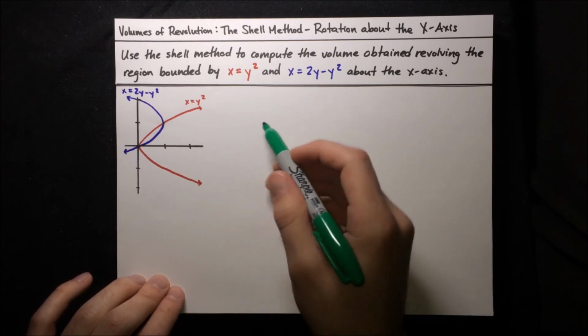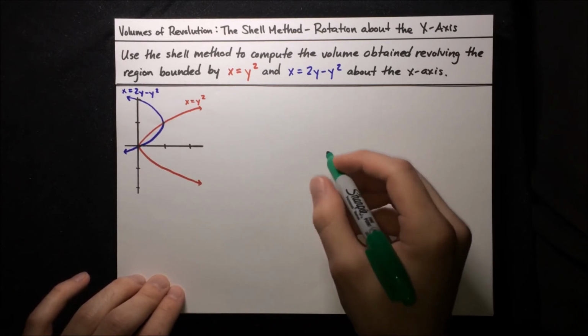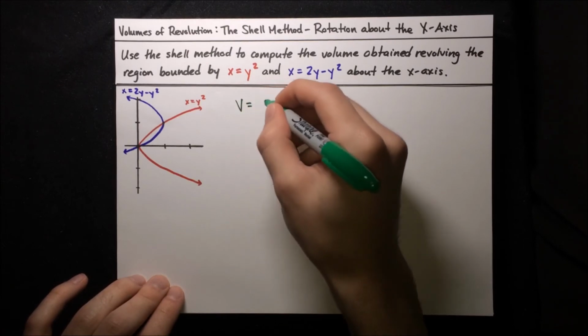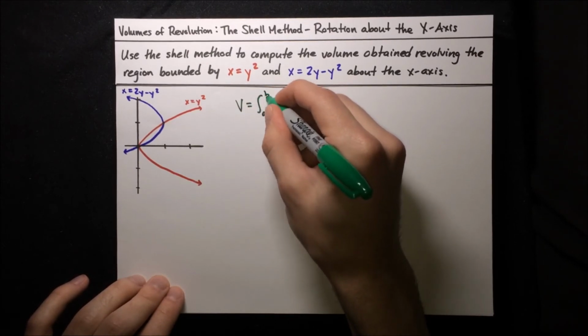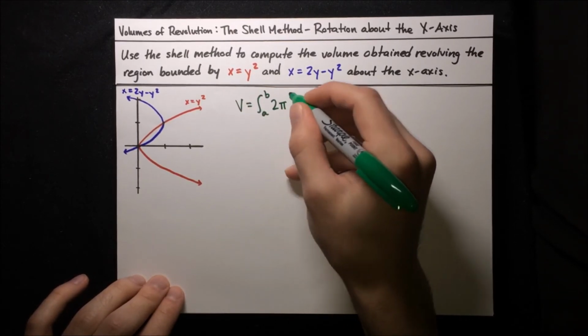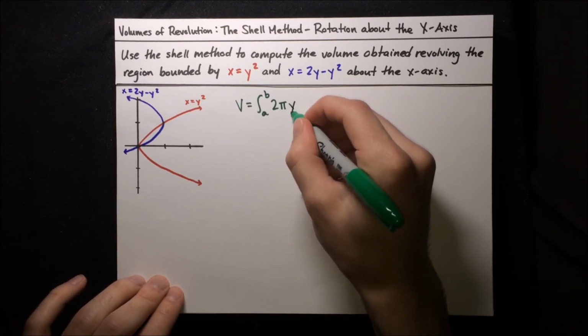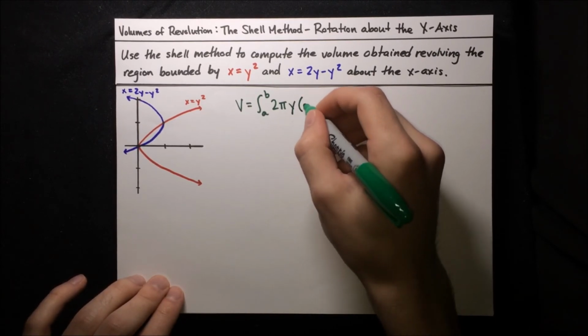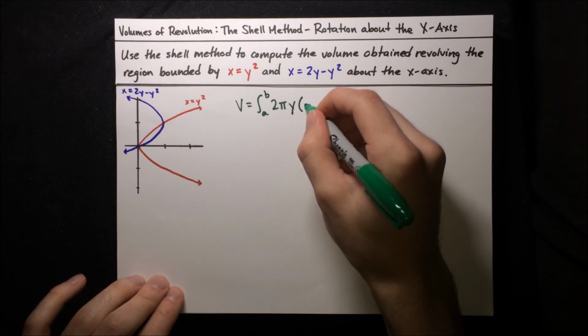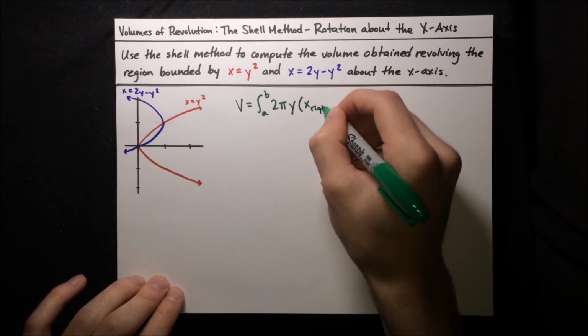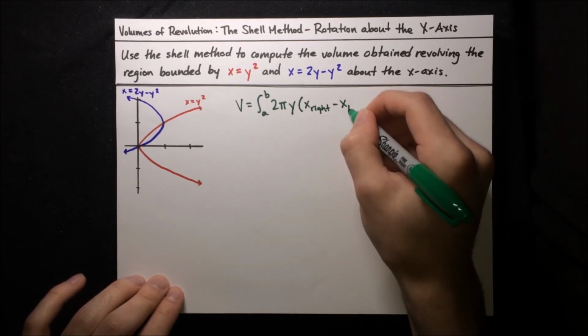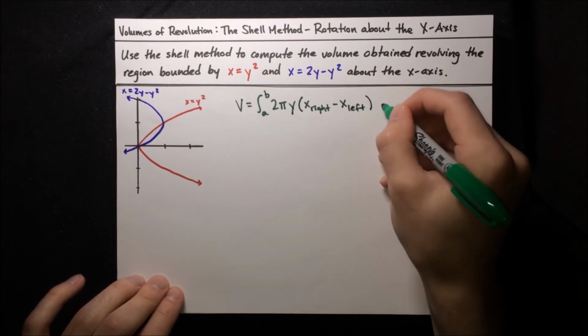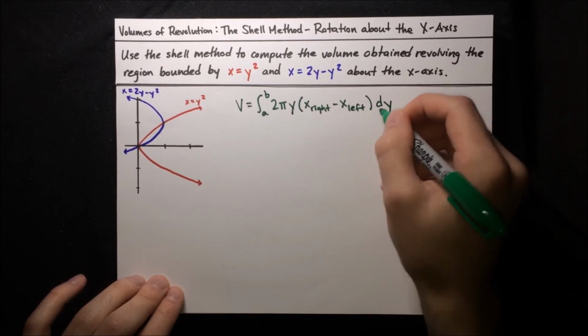Okay, so let's start where we left off last time with our formula. The volume is just the integral from a to b of 2 pi times the radius, which is y, then times the length, which is the difference in x endpoints, so x right minus x left, times dy, which is the thickness of our shells.